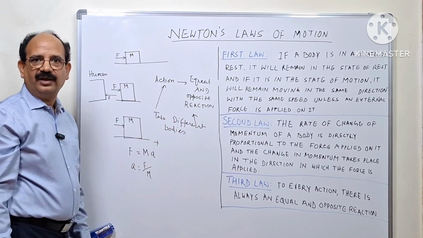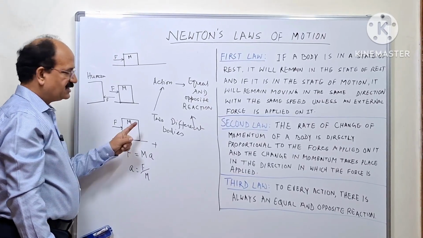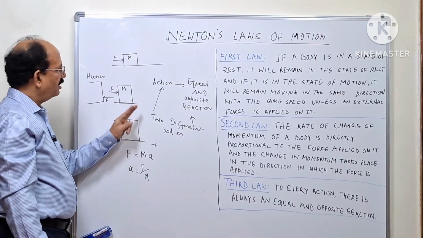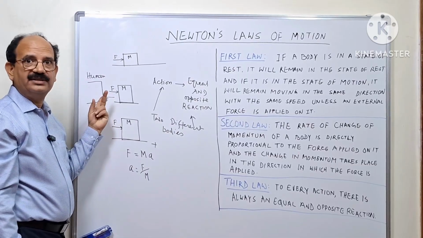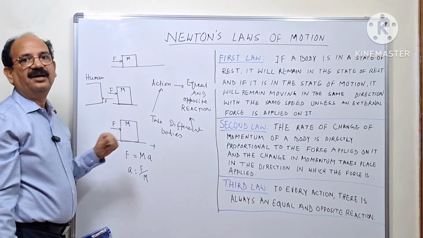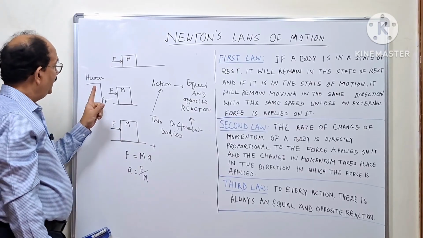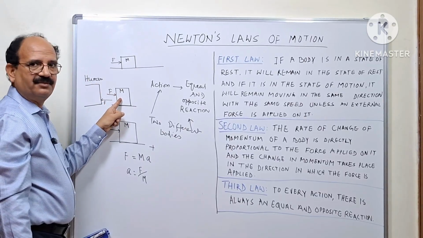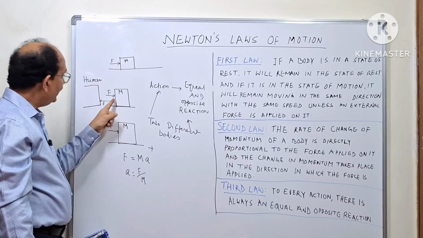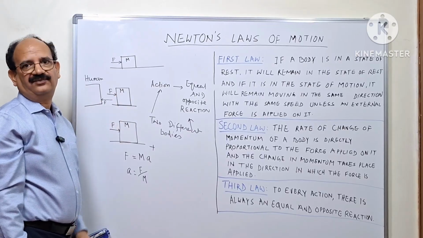Its speed will increase. So as long as you are very clear that action and reaction happen on two different bodies, you will not land up in a situation where the resultant force becomes zero. Action is happening by the human on this body, and the body is putting a reaction force on the human, not on itself.